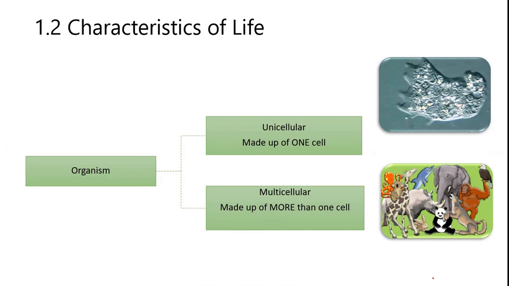Actually, there are two types of organisms. An organism made up of one cell is known as unicellular. Uni means one, multi means more than one. So unicellular, like amoeba. Multicellular, like elephants. Humans are also multicellular.